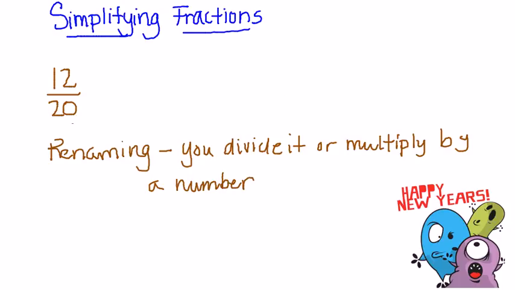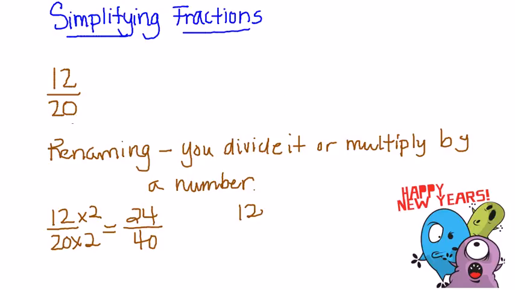If I wanted to rename 12/20, I could multiply the top and the bottom by 2 and get 24/40. Just like I could do 12/20 divided by 2, and I would get 6/10.